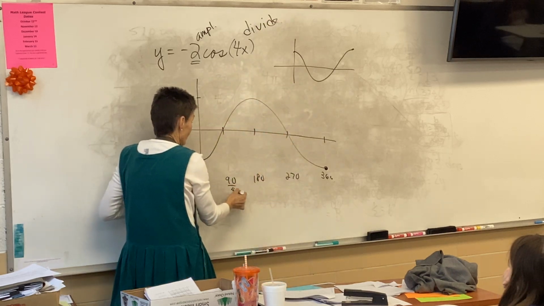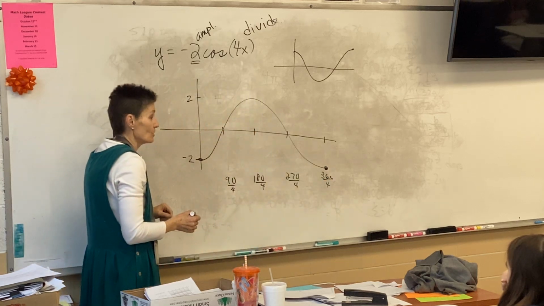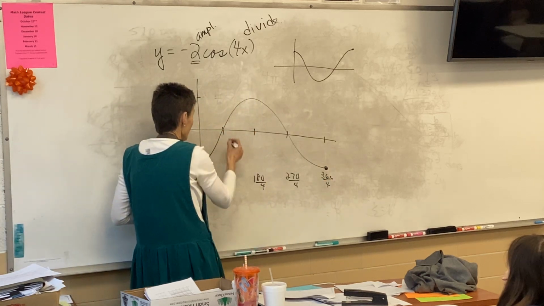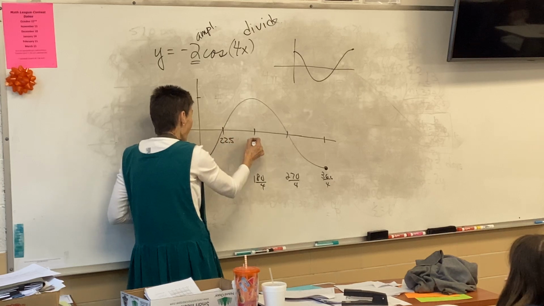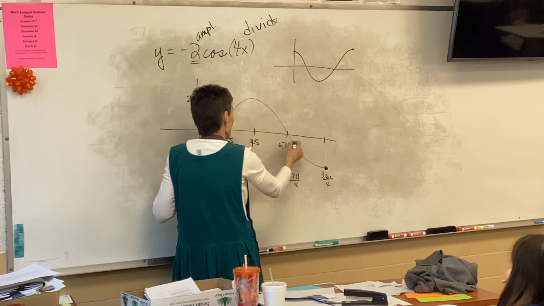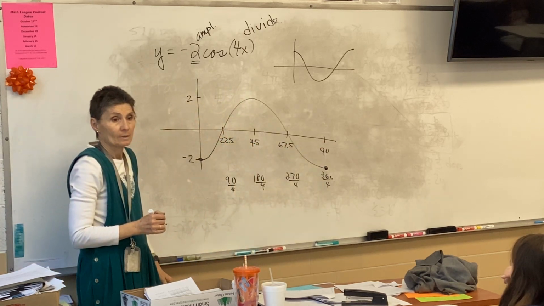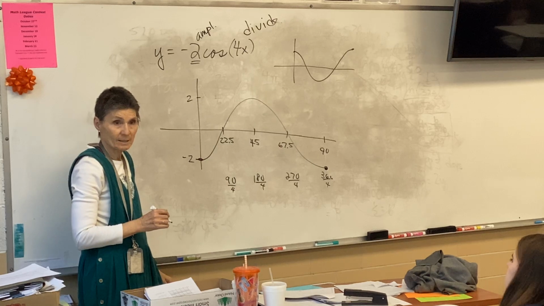Divide by 4. So these labels would be 22 and a half, 45, 67 and a half, and 90. Okay, so that's sort of coming back a little bit.